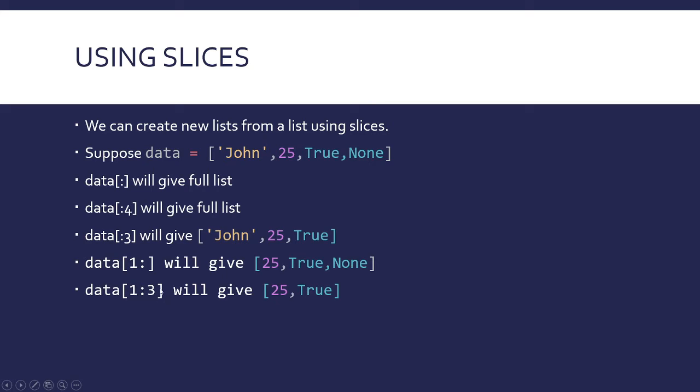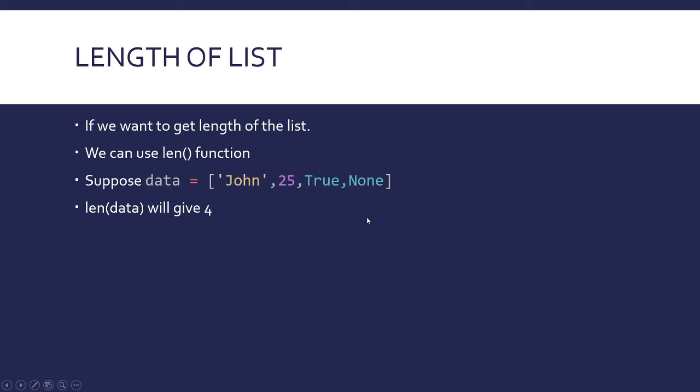If we specify a value, it will stop at value minus 1. So if we give 3, it will stop at the second index: 0th index, first index, second index. We are printing from the first index, so first and second index, so 25 and True will be printed. We can also get the length of the list by using the len function.